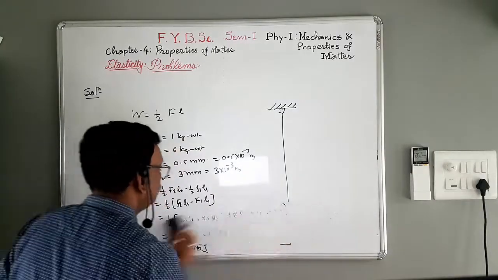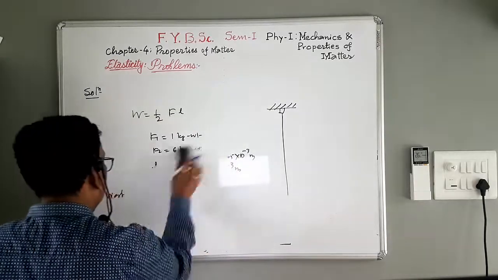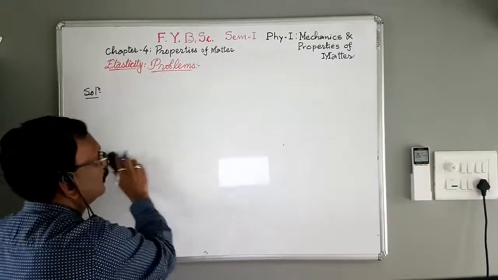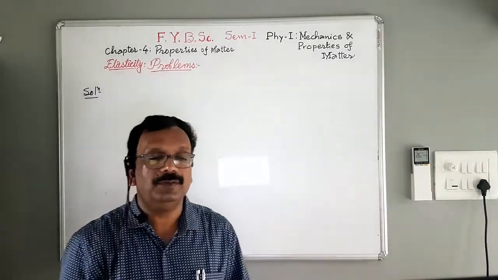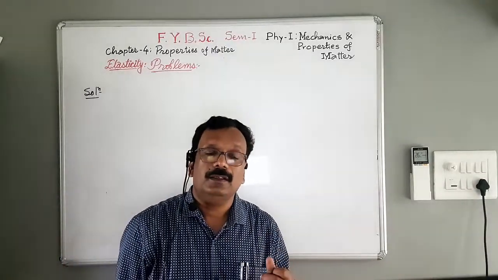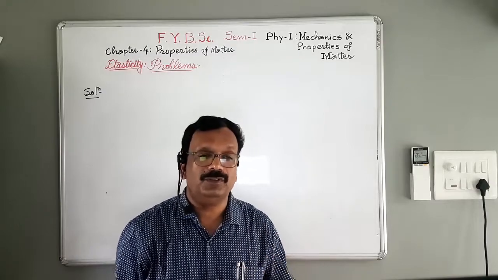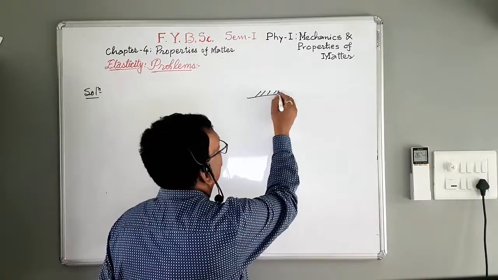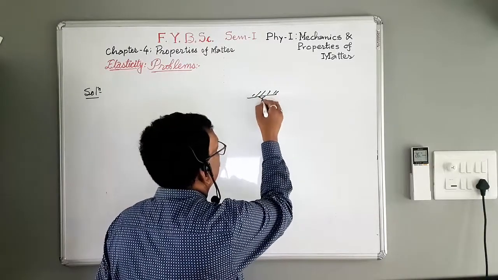Now, the next problem. These are the problems related to Young's modulus, bulk modulus and modulus of rigidity. Now, again there is a steel wire and this wire is fixed to a rigid support.